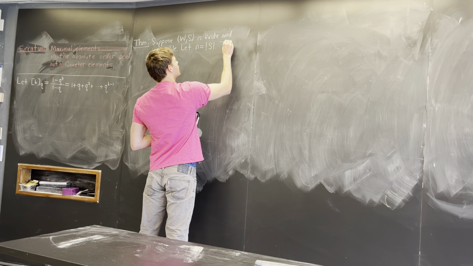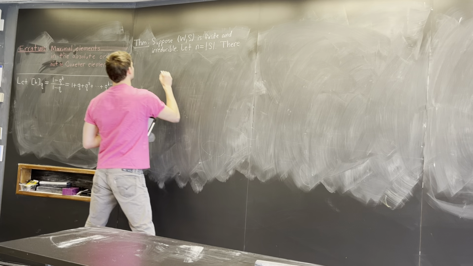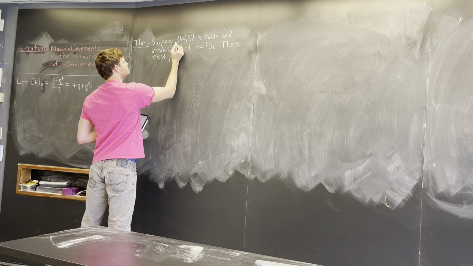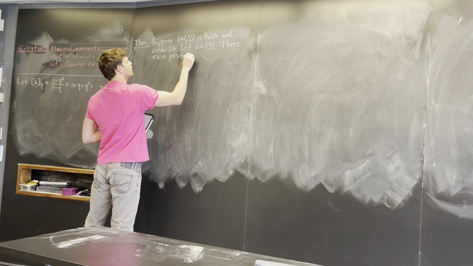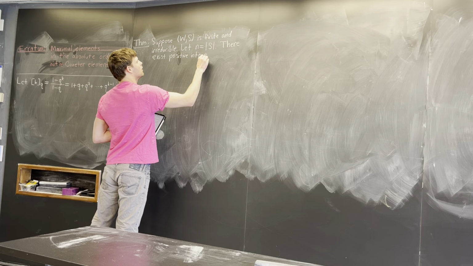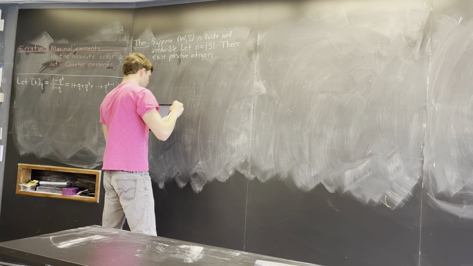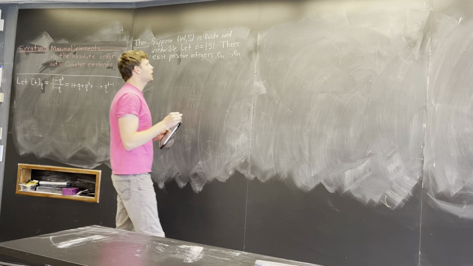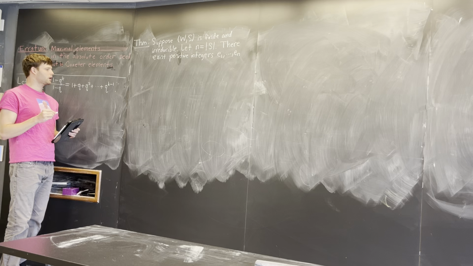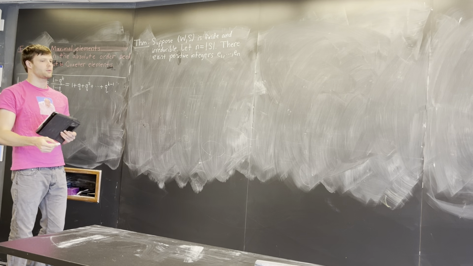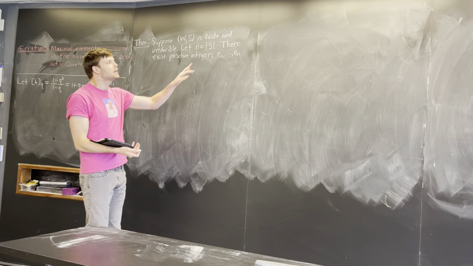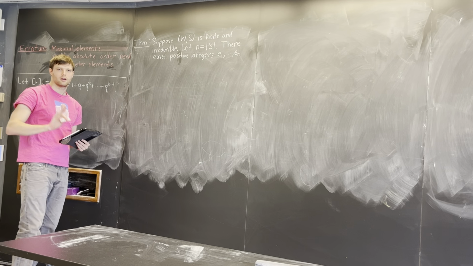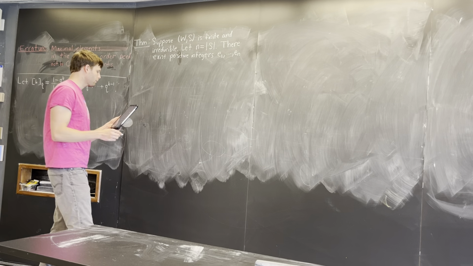Then there exist positive integers e1 through en. E's are kind of overused in algebraic combinatorics. Here I've been using them for e as the identity element, and the e_i's as standard basis vectors in R^n. That's not what this is. These are just some other positive integers.